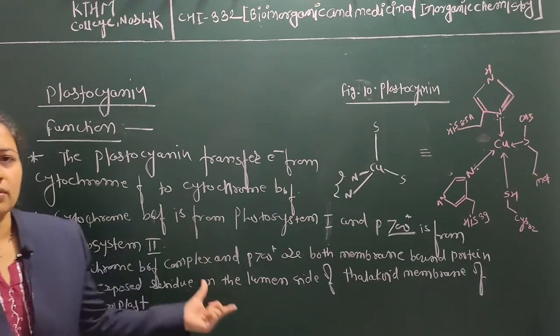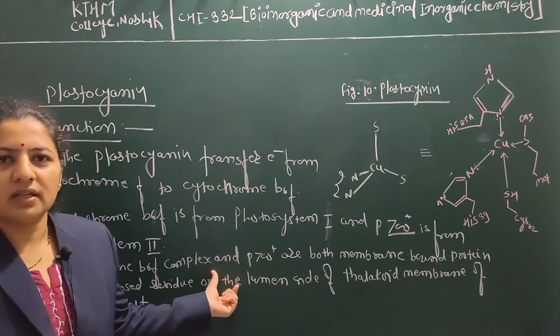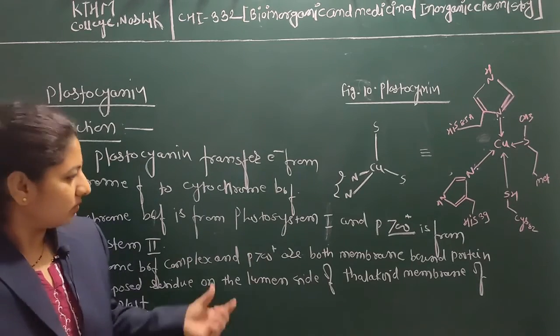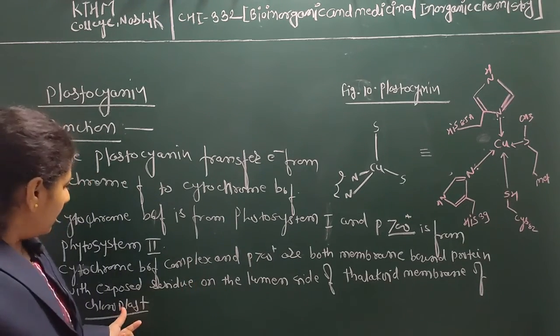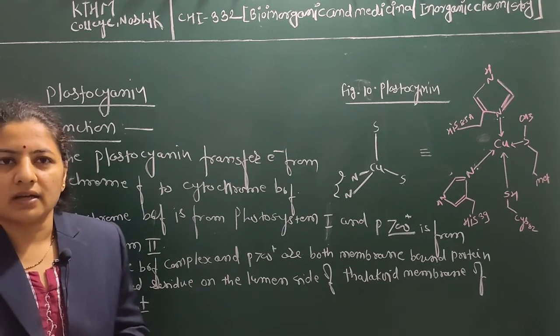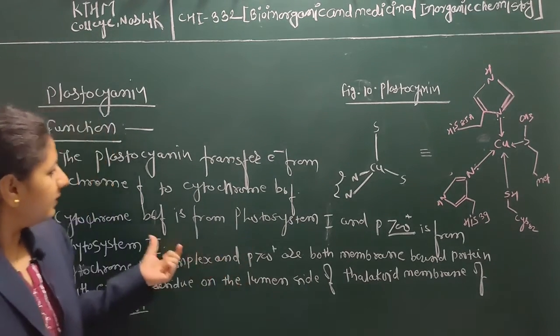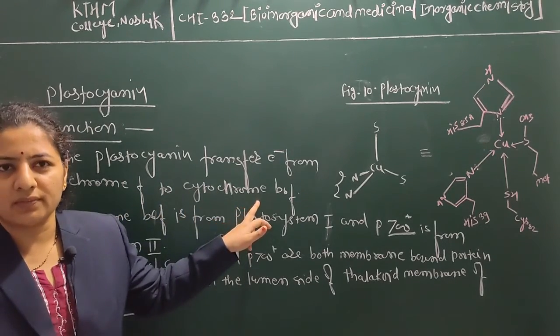As we know, the photosystems are important reactions in photosynthesis of plants. So this photosystem takes place in the chloroplast. In that, the electron transfer is from cytochrome F to cytochrome B6F.